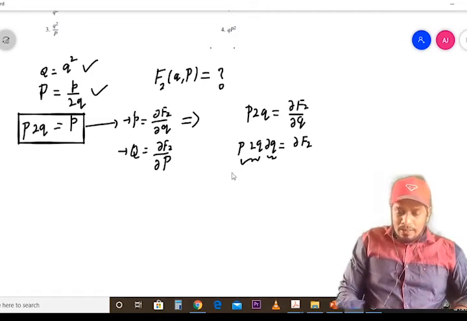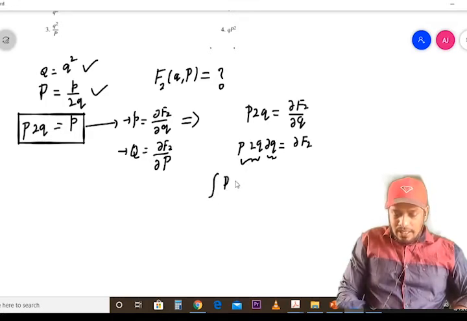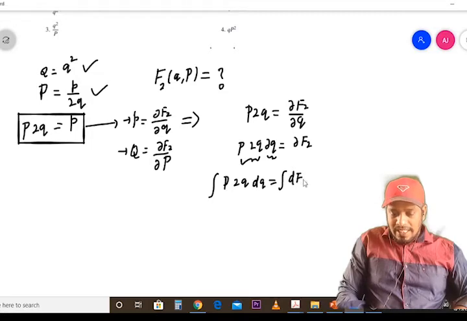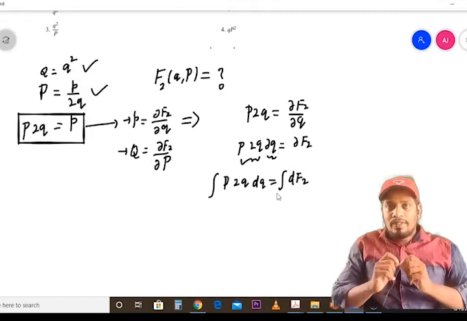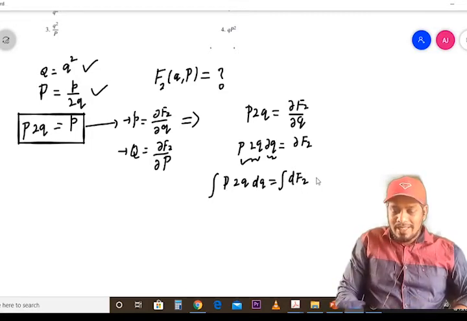Integrating on both sides, writing dou q as dq, the integral of capital P 2q dq is equal to the integral of dF2. But it's an indefinite integral. There is no limit for the integration, so we have to add a constant.